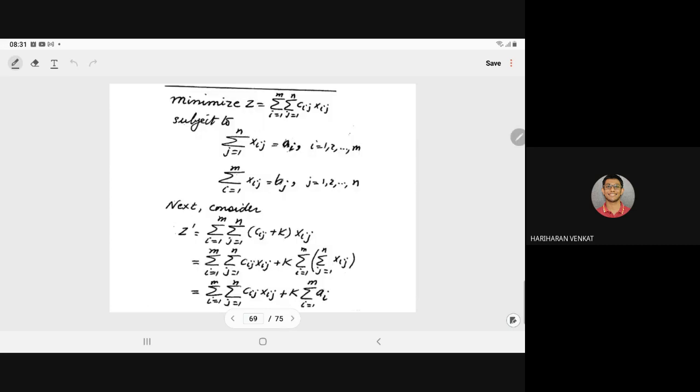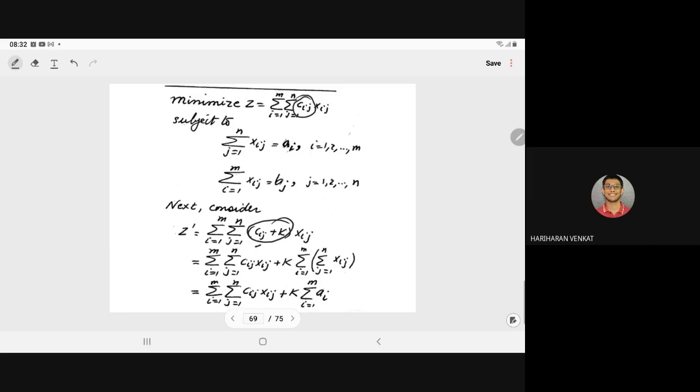So we know that a transportation problem is of this form: minimize z is equal to the summation over i and j of cij xij, subject to summation of xij is equal to ai and summation of xij is equal to bj, for the different values of i and j. Now, instead of Cij, if you take Cij plus k, let's say z dash is equal to the summation of Cij plus k into xij.